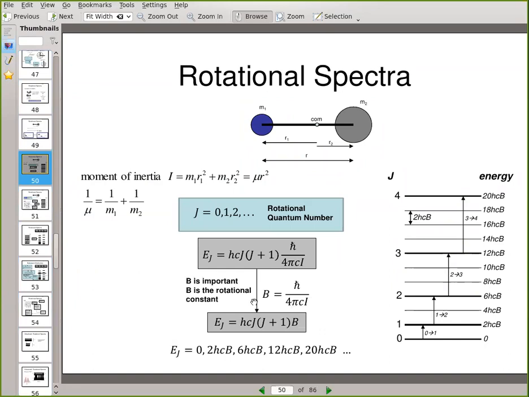So what's important, this is the real important result from rotation of two masses. Of course, we've got quantization. We've got to make sure that as you go around, the wave is not destructive. And so your energy levels are given by this energy expression, straight from the Schrodinger wave equation.